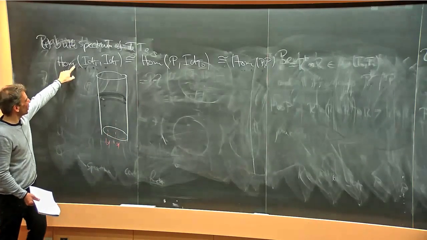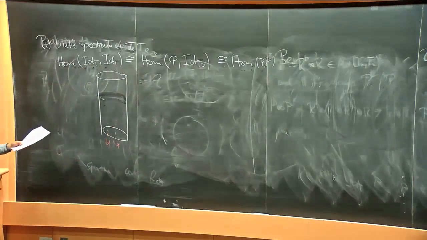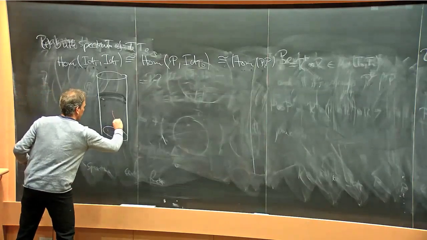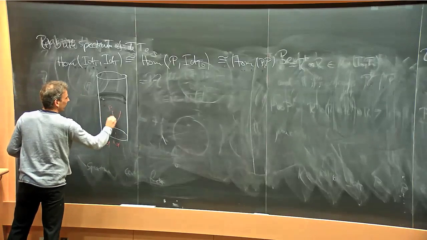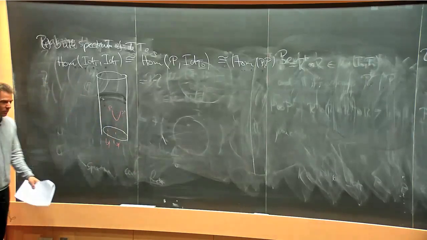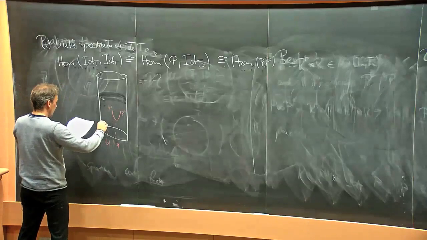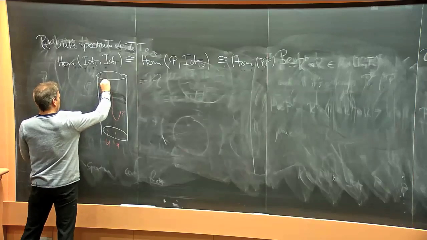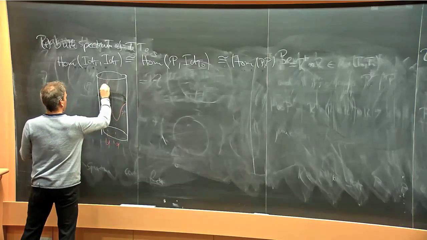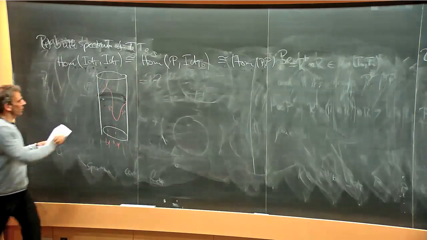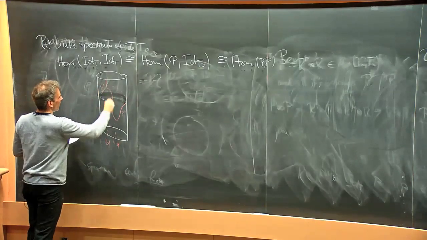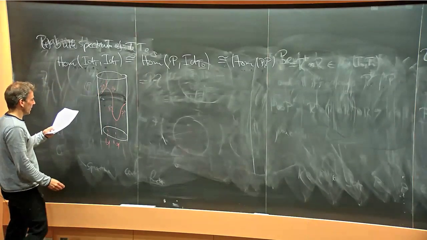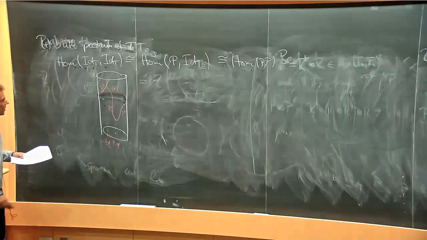And I now draw you the map from here to there. The map goes as follows. You just take your defect here, and you split the identity up into P tensor P right adjoint. Okay? And then you do something like this. So you have your P right adjoint here, and there's P there, and P right adjoint tensor P is actually nothing but P in this context.